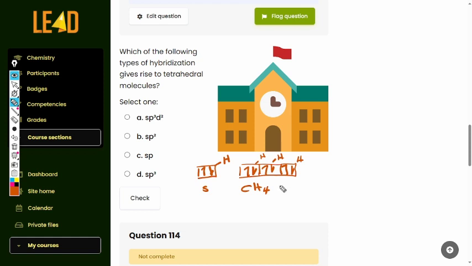The hybridization that allows that is sp3 hybridization. It's sp3 because you have 1 s orbital and 3 orbitals of the p subshell. The 3 p orbitals participated in the bonding, and then 1 s, that's sp3. So the answer is D.